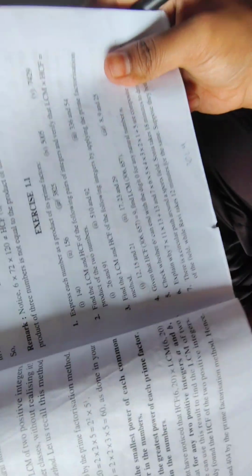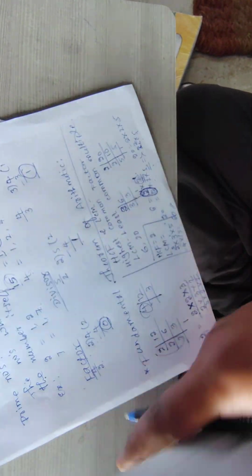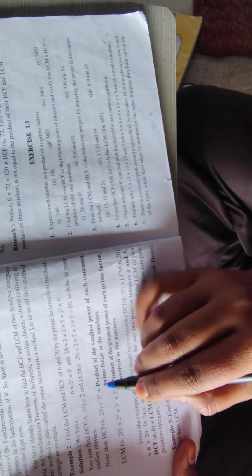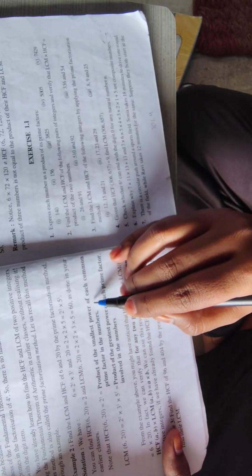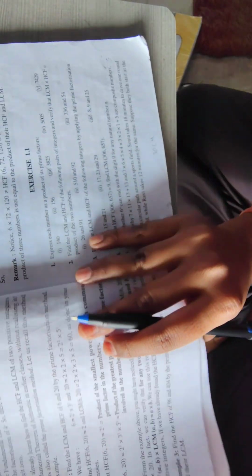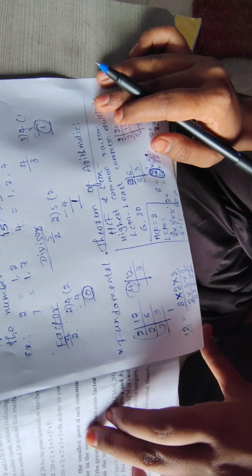If you want, you can see the definition also in the textbook. They are given. What is HCF? Product of the smallest power of each of the common prime factors in the numbers. See what they are telling. Product of the smallest power.